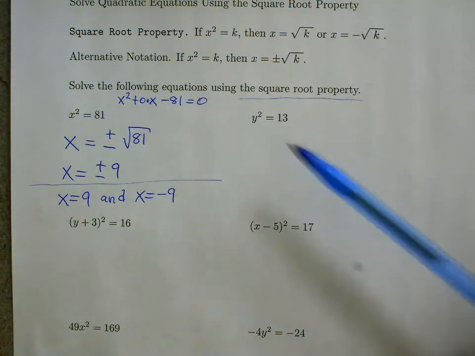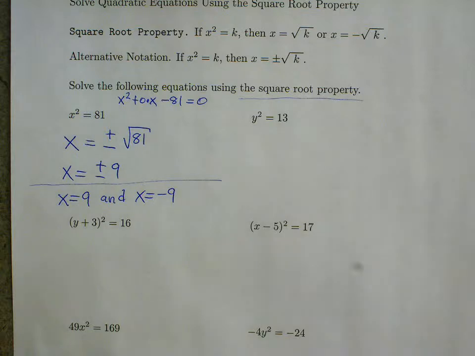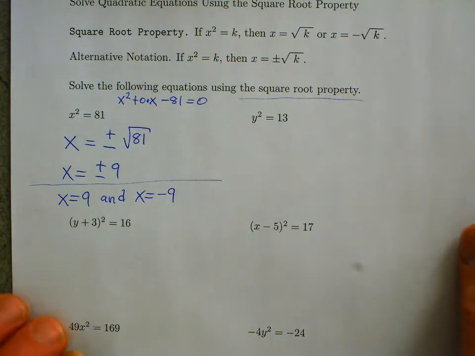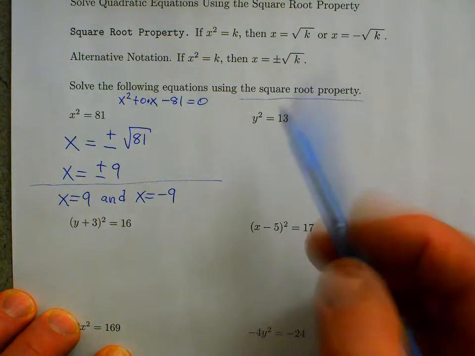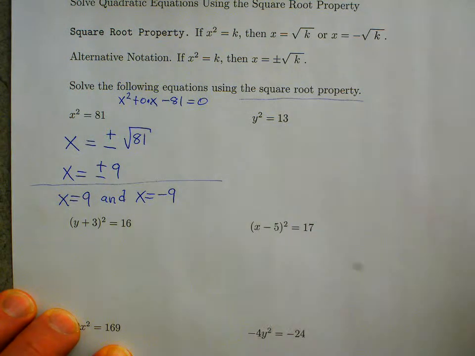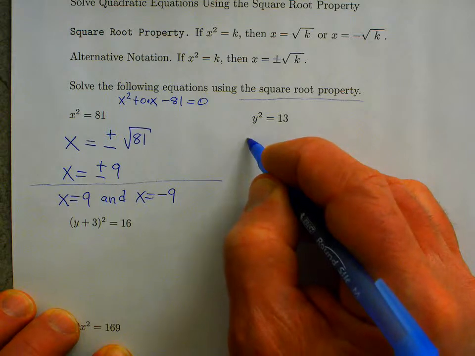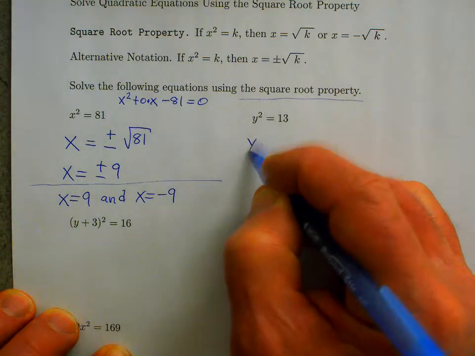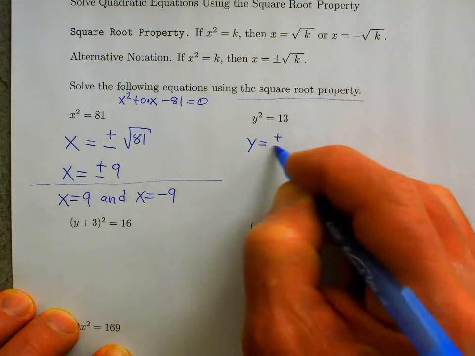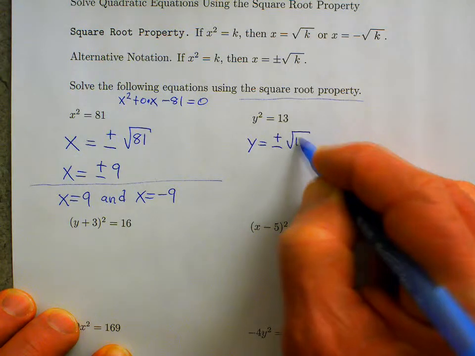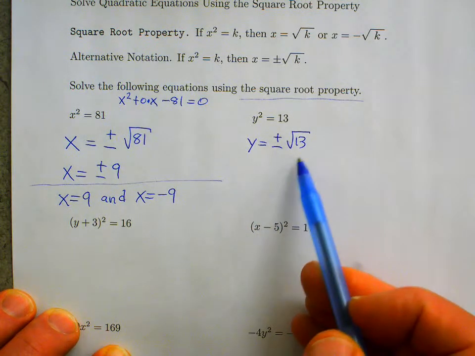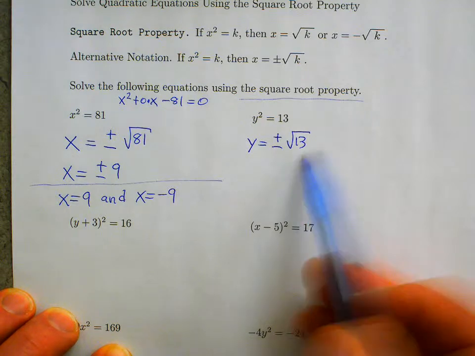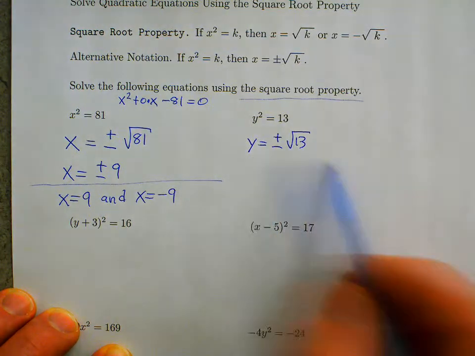Okay, the next one, y to the second equals 13. Apply the square root property. Well, if y to the second equals 13, I just start out by writing y equals positive and negative square root of 13. The square root of 13 cannot be simplified further, so we just leave it like this.